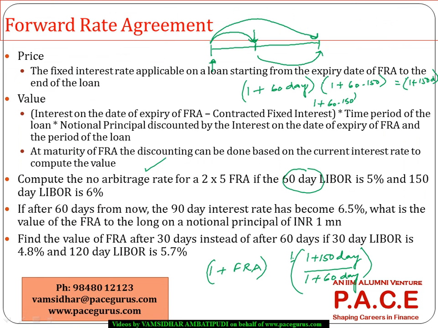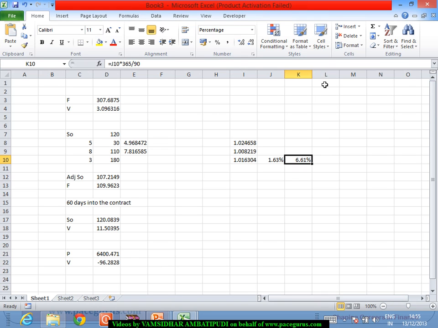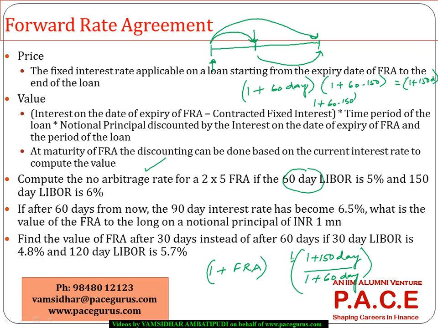If we get into an agreement at 6.61%, then that is a no arbitrage contract price, which means neither the lender nor the borrower will have any big loss. For a 2/5 FRA at 6.61%, the loan you are planning to borrow after 2 months, you can fix the interest rate at 6.61%, going with these two values for the LIBOR at this moment.